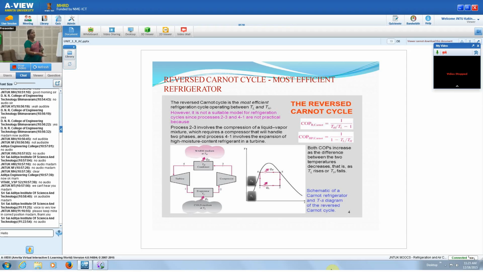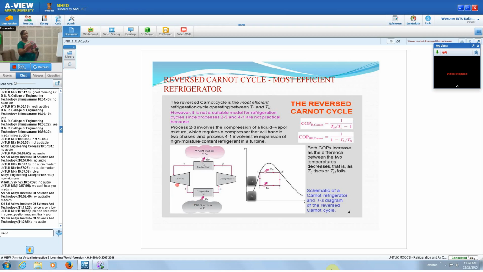Below this you can see the flow diagram. The main components required in this are a compressor, then a condenser, then an expander, which may be called a turbine or an expansion valve where the expansion takes place, and then an evaporator.